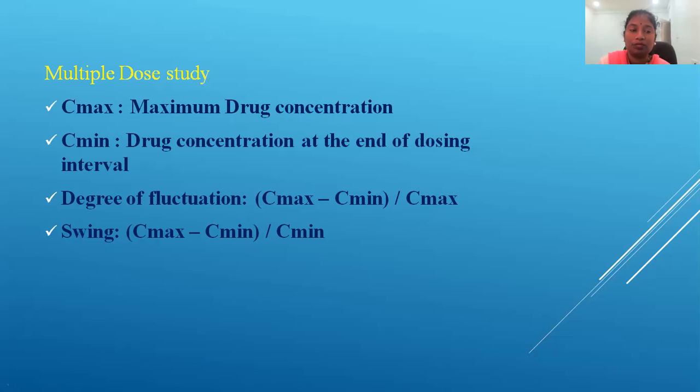C minimum is the minimum concentration level. The degree of fluctuation is Cmax minus C minimum divided by Cmax. Swing is calculated as Cmax minus C minimum divided by C minimum.